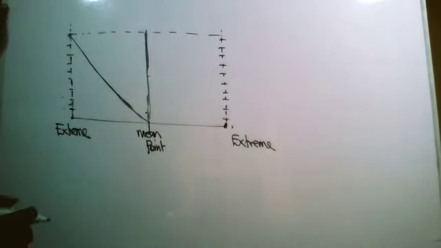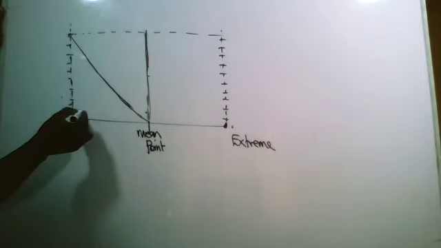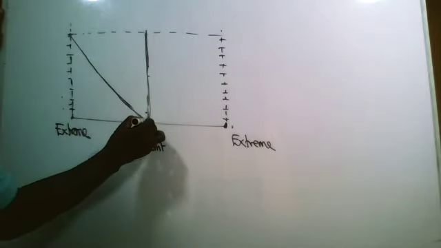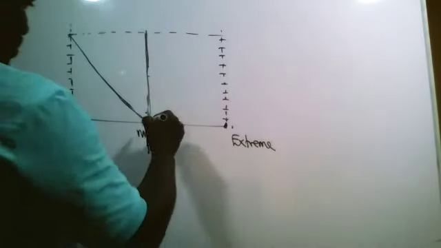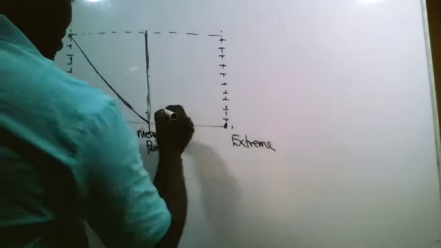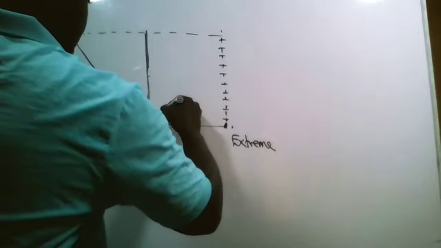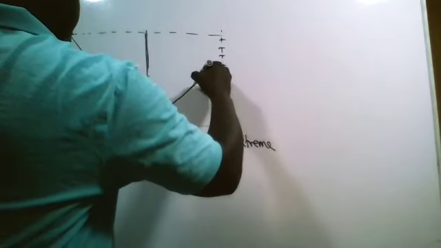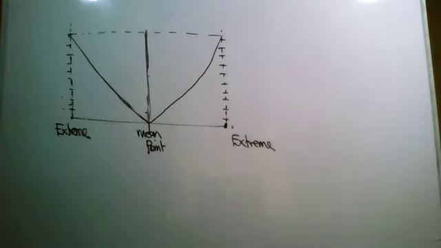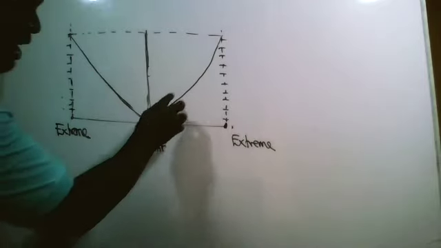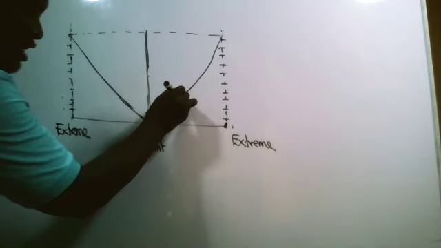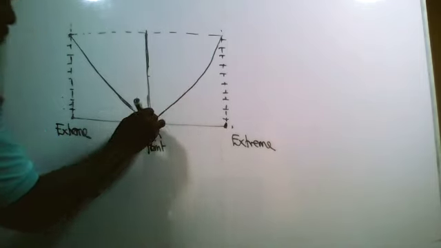So this energy is maximum at the extreme, minimum at the mean point. Then at the other extreme, it is also maximum. So from 0 at the mean point, it increases, and by the time we get to the other extreme, it is also maximum. So this is the energy graph for potential energy, PE.